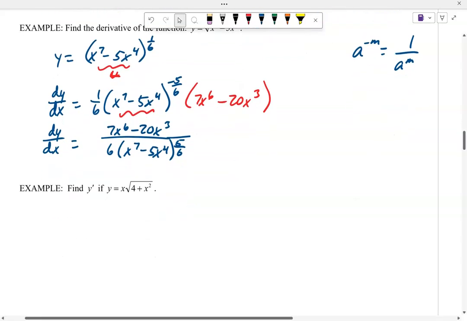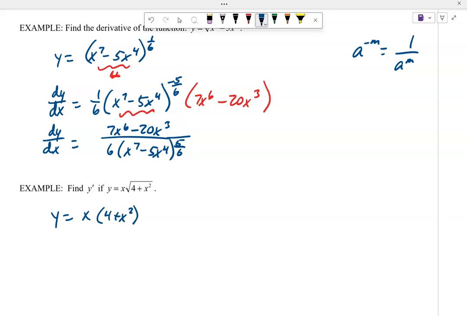All right, let's go ahead and look at this next one here. We've got y equals x times the square root of 4 plus x squared. In other words, 4 plus x squared to the 1/2. So I've got a product here. I'm going to go ahead and use my product rule. So dy dx is derivative of the first. The derivative of that x is 1 times the second. So I've got, here's the second one, I just leave it alone.